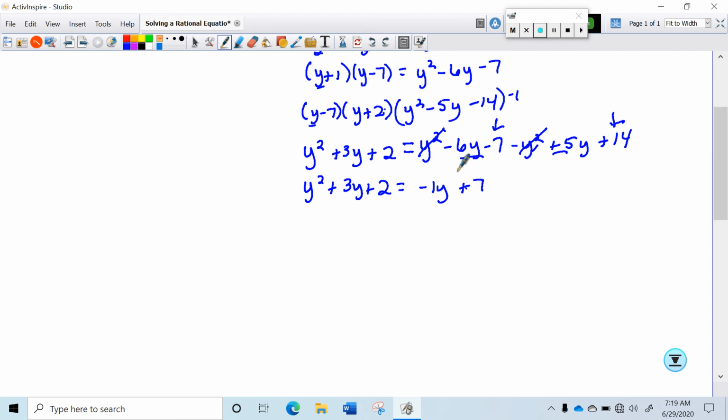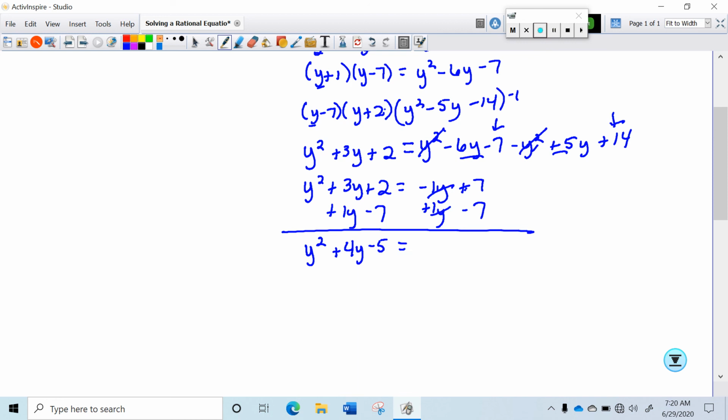So I'm moving everything after the equal sign. So the opposite of negative 1y is positive 1y. I'm going to put that here. The opposite of positive 7 is negative 7. Put that here. So I get y squared plus 4y minus 5 equals opposites cancel 0.